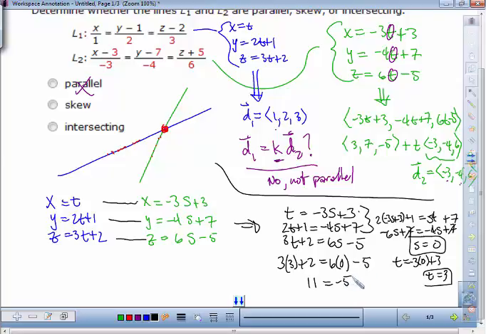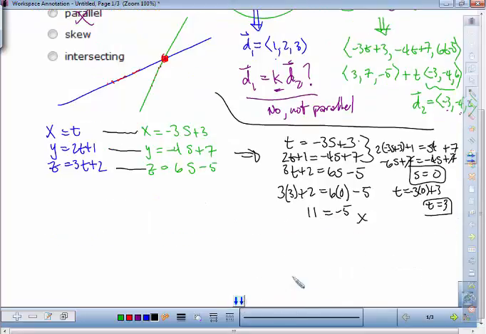So that doesn't work out. So it doesn't intersect. And because it doesn't intersect, the only other option is that it's skew.